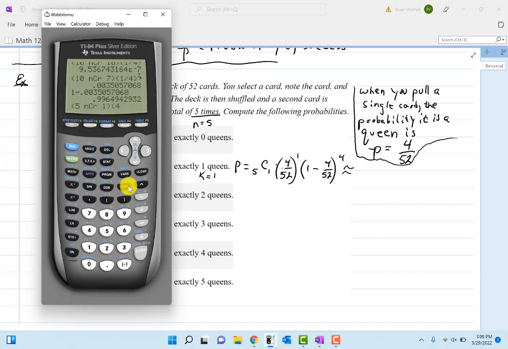And now we're going to do 4 divided by 52. And I'm going to raise that to the first power. Not necessary, but I'm doing it for display purposes. Times 1 minus 4 divided by 52.